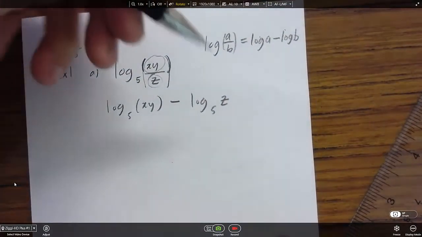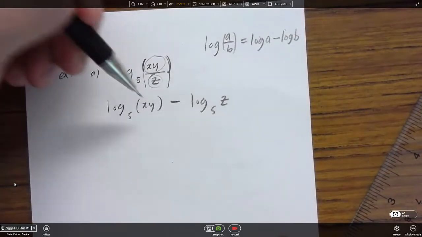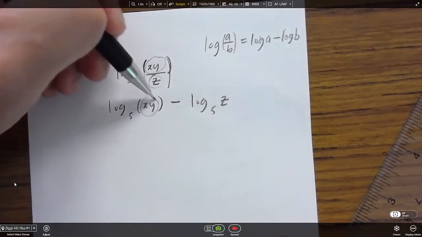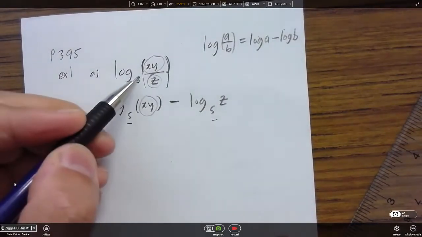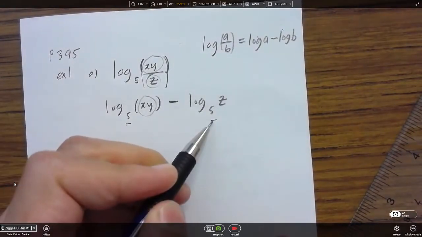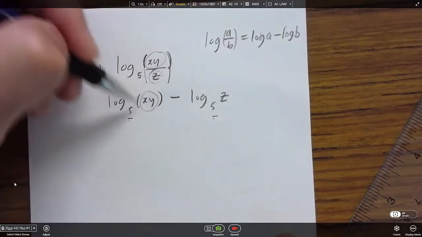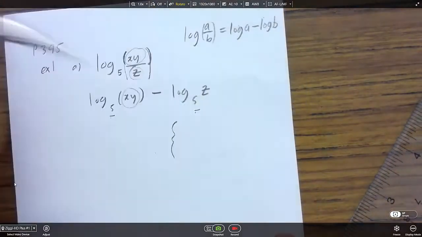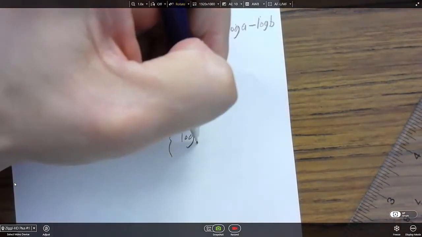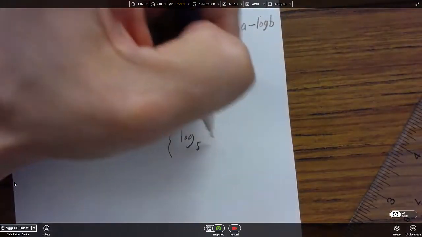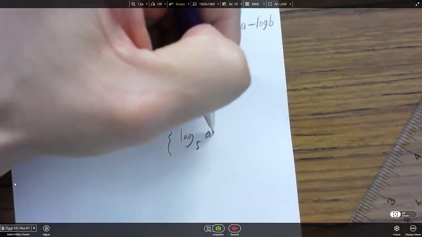Okay, very good. So now we have log x times y. Notice, by the way, how the bases are always the same. When we have base 5, these also have to have the same base 5s. So the other rule now, I'm going to put this in little bubbles here. The other general rule is, when you have a certain base, I'll just use base 5, you have a times b.